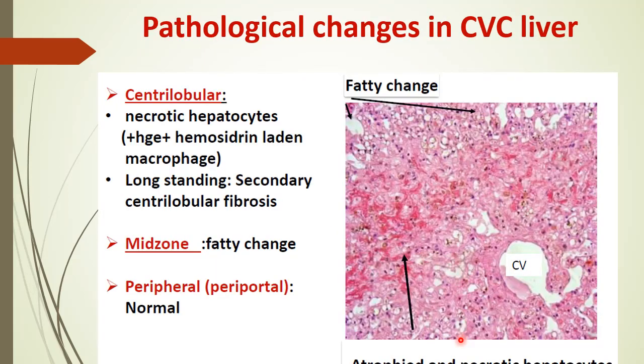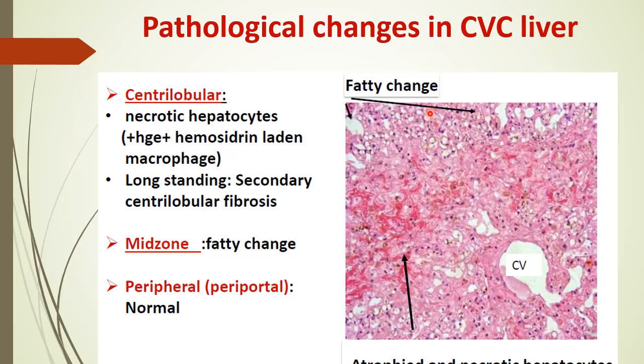With the advance of the condition, this is the central vein and this is the sinusoidal dilatation. The sinusoidal congestion and dilatation extend peripherally in the hepatic lobule, and the hepatocytes in the central zone become atrophic and necrotic, while those in the mid-zone develop only fatty change.